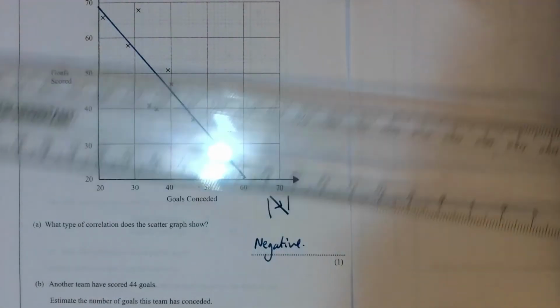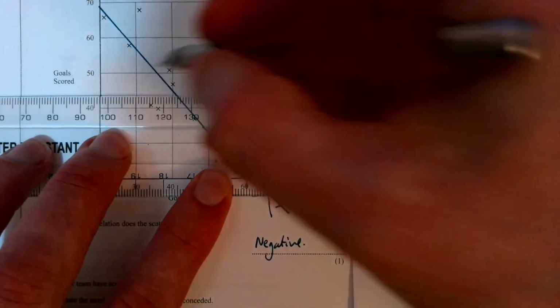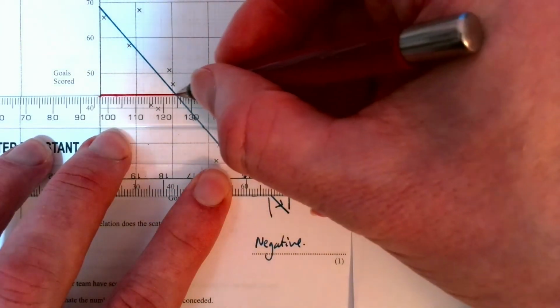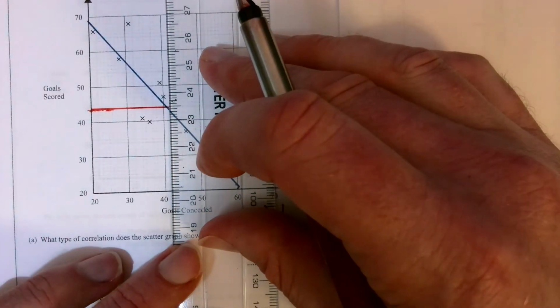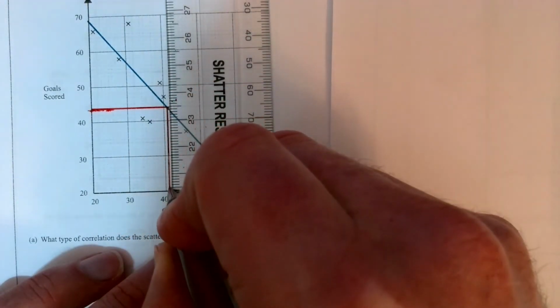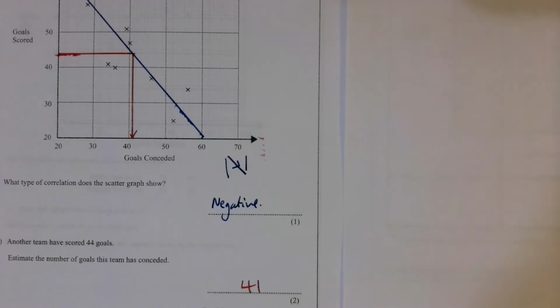So carefully take your ruler and draw a cross on the line and then vertically down, and that looks like it's hit at 41. And the mark scheme's giving a mark for anyone between 39 and 42, so we're all good there.